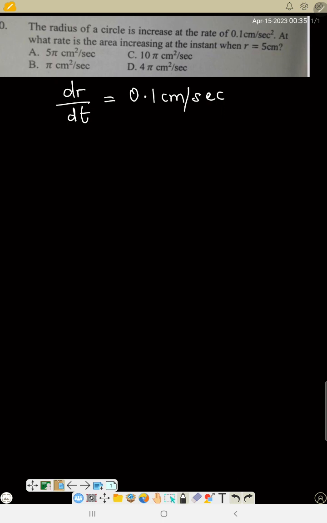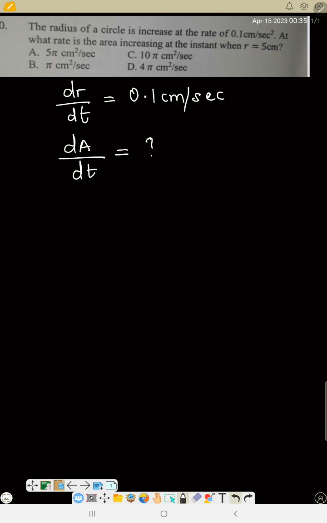But let me remove the square first. At what rate is the area increasing at an instant when r is 5? So the area, at what rate is the area? That is the dr and the dA, the dt. At what rate? That is what we are looking for. Is the area increasing at an instant when r is 4?